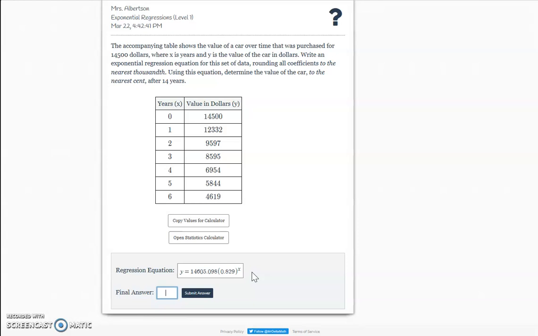And then this asked for the nearest penny. Okay, so I got 1,057 point 469. So if we have 469, this 9 right here, because we want to go to the nearest penny, is going to cause this to become 47 cents.